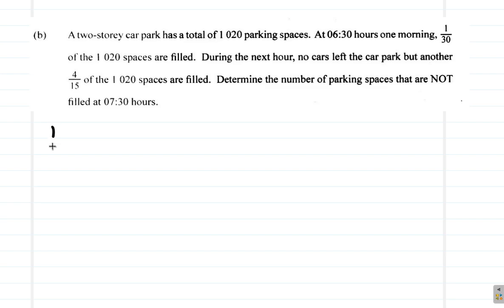So in this case, 1/30 of 1020 is equal to, you use a calculator and say 1 divided by 30 times 1020, and what do you get? 34.